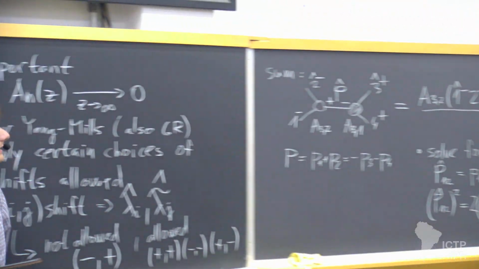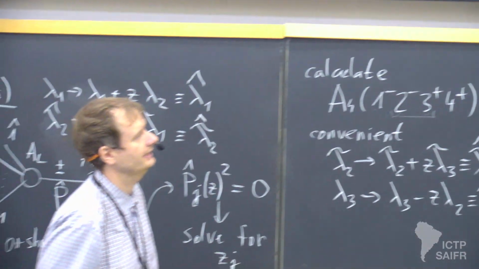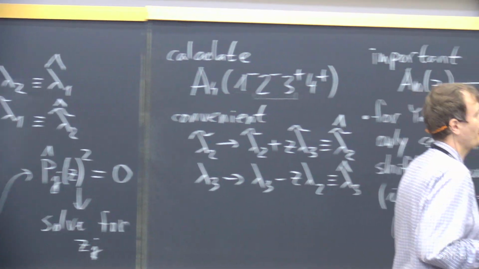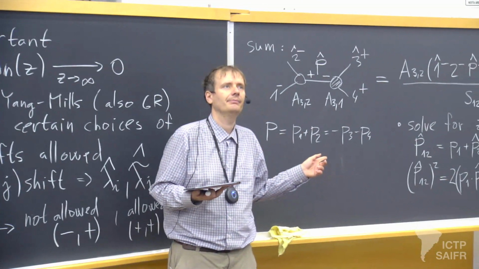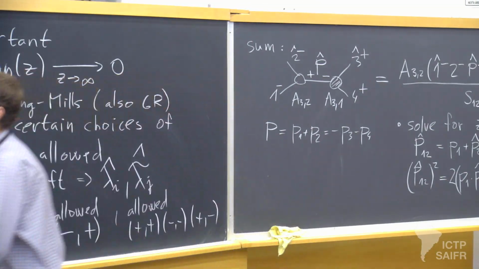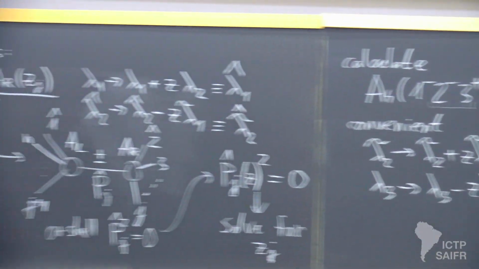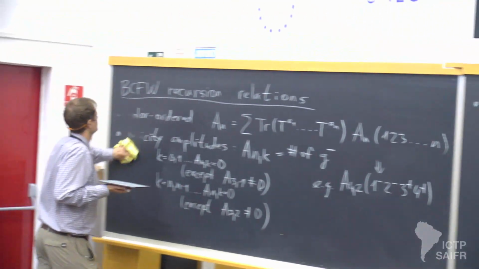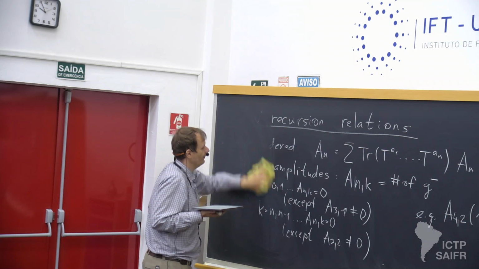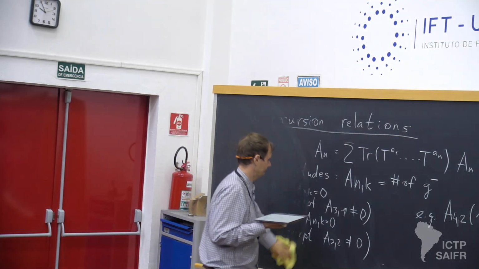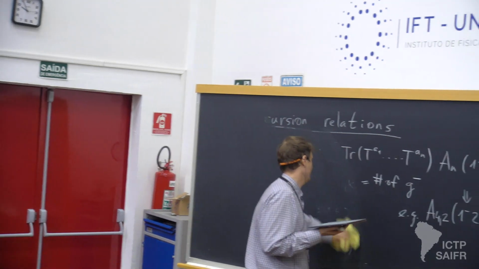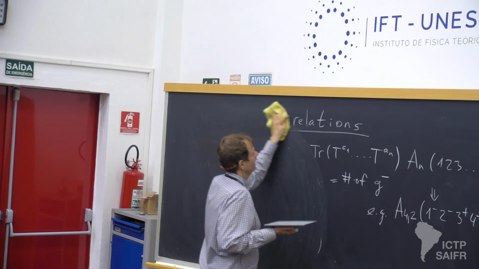We found it by saying that this internal line is on shell. Any questions about that? So now we have our shifted momenta evaluated on z star.